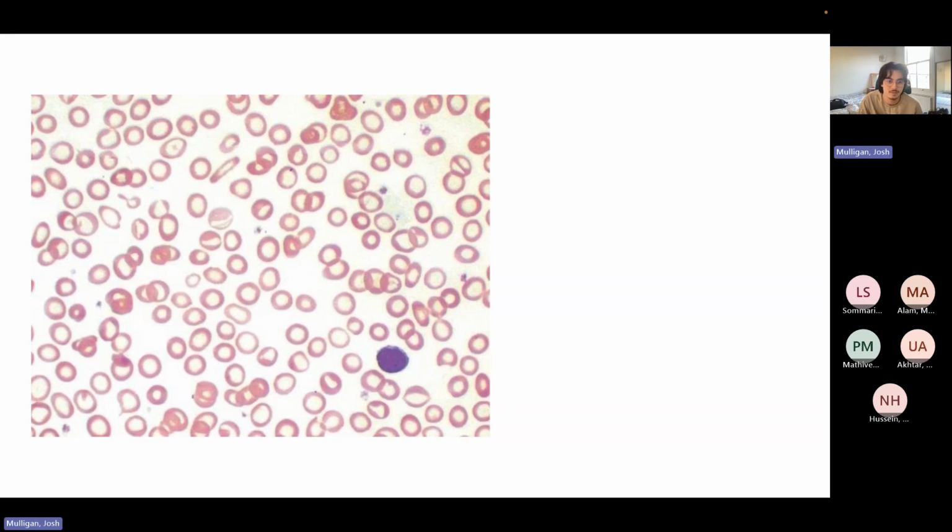Hypochromic? Yeah, perfect. And then there's also these. Can you see my mouse? What about this odd-looking shape here? Pencil shaped? Yes, exactly. So this is iron deficiency anemia.